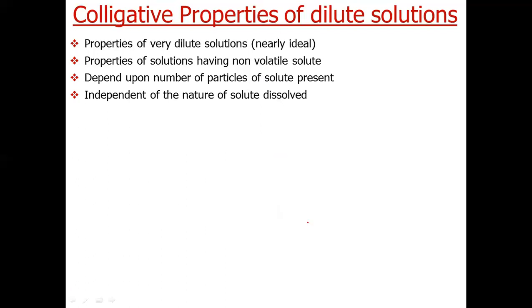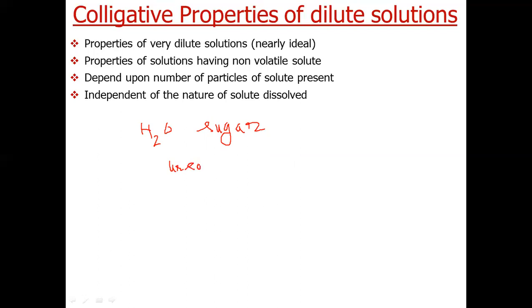So suppose that we have prepared two solutions. First, water plus sugar. So first solution we have prepared by dissolving sugar in water. Next solution we have prepared by dissolving urea in water.